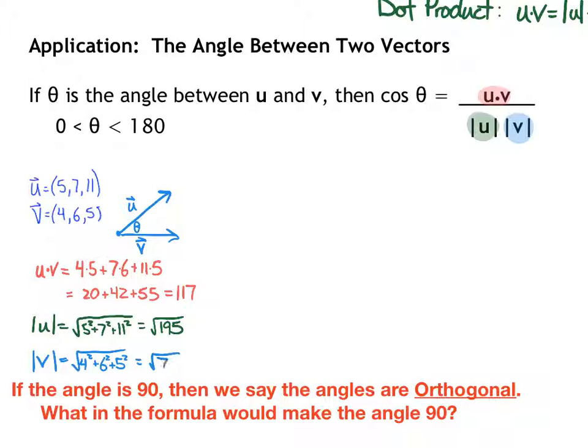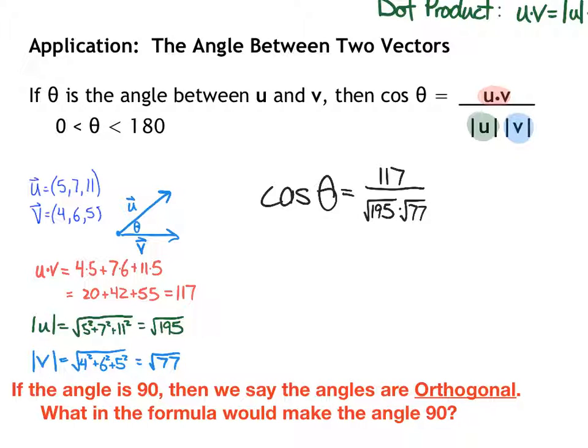So that's square root of 77. Okay? So, finally, we can now say that the cosine of this angle theta between u and v is going to be 117 over the square root of 195 times the square root of 77.